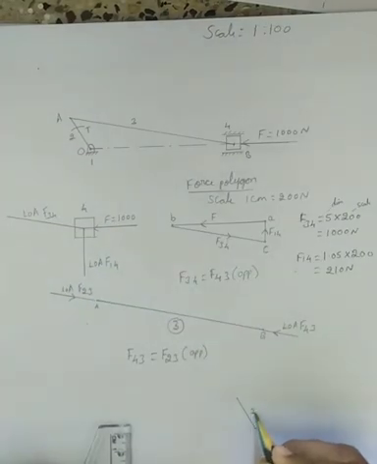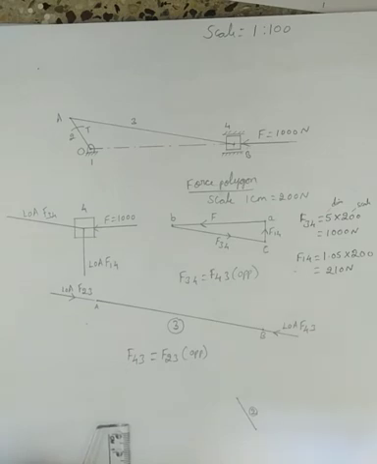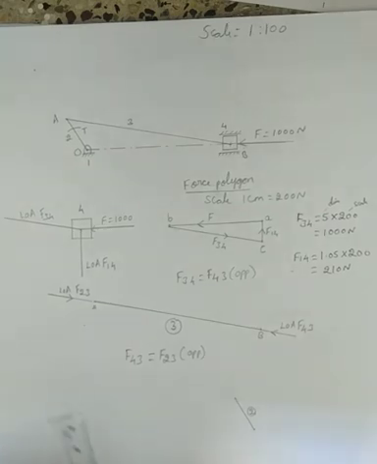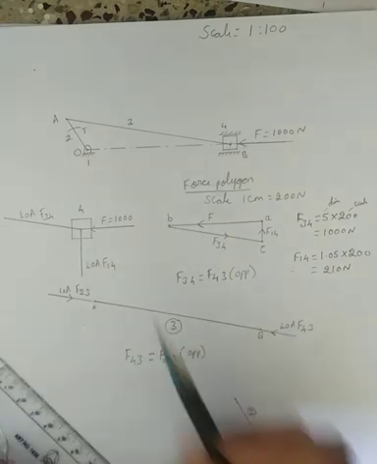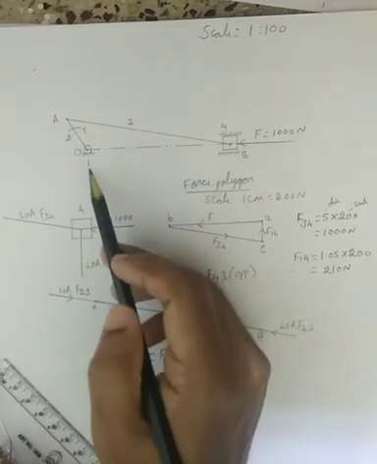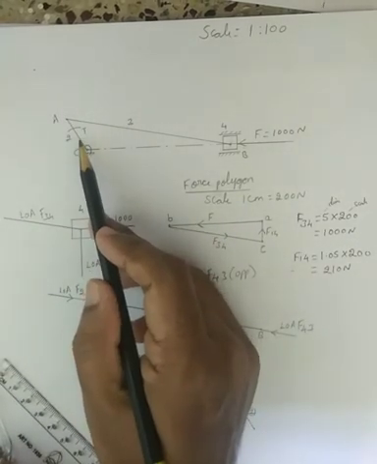So this is link 2. It is acted on by two forces and one torque. The two forces are F32 and F12.